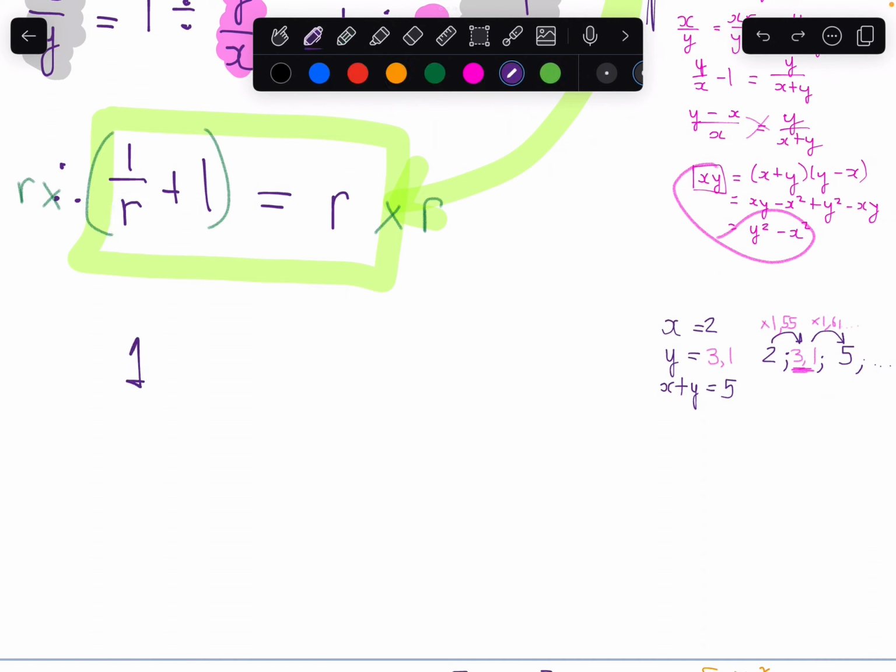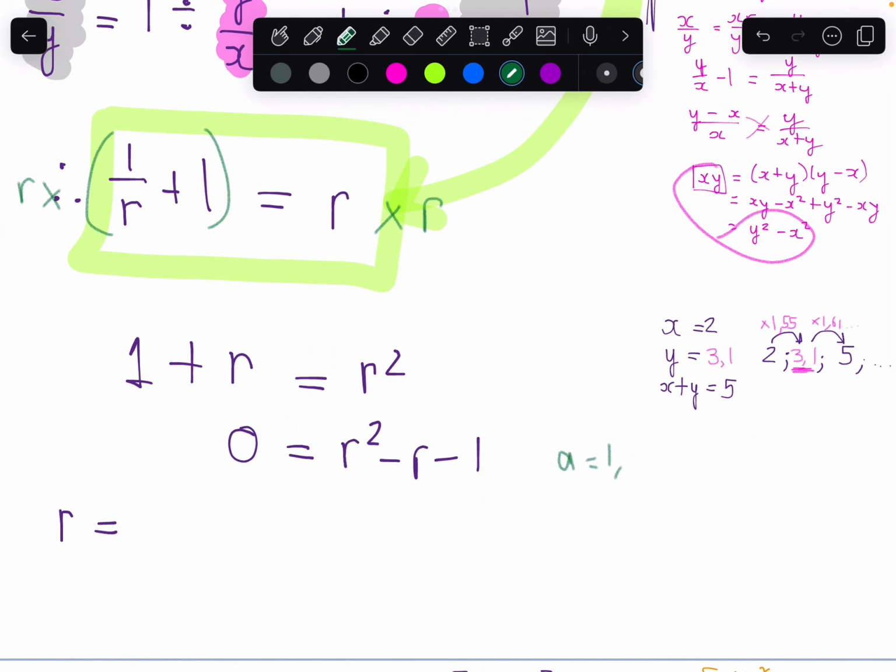So then that'll just be 1 plus r is equal to r squared. Okay, so that is a quadratic equation that we can't factorize. So we're going to need to use the quadratic formula. So r is equal to... wait, let me just make a note for myself here.